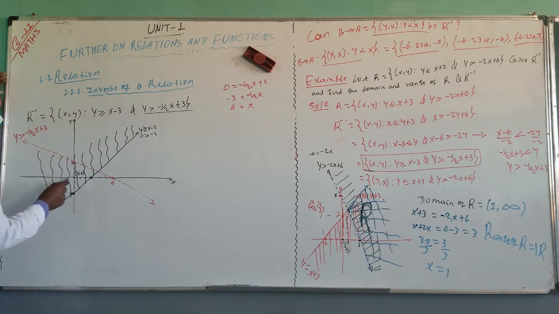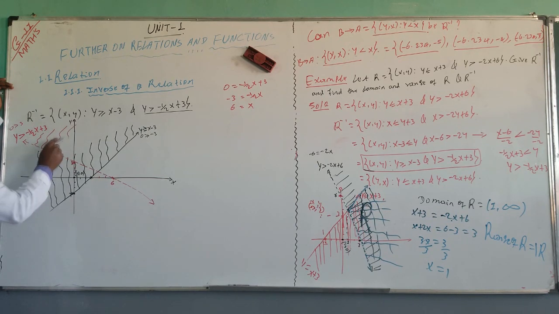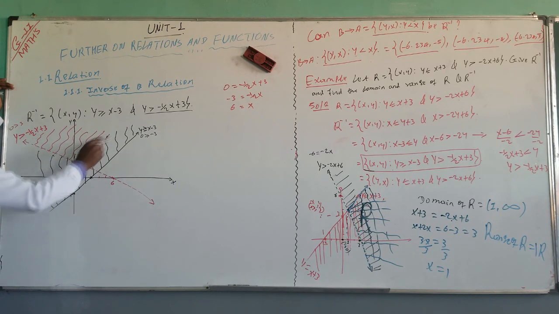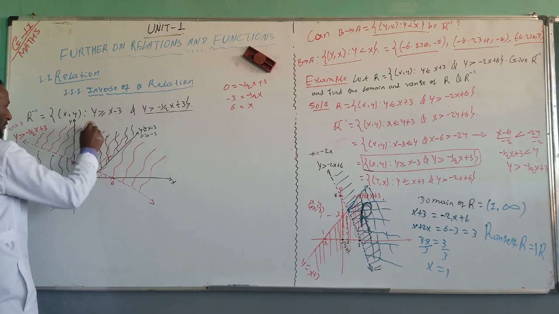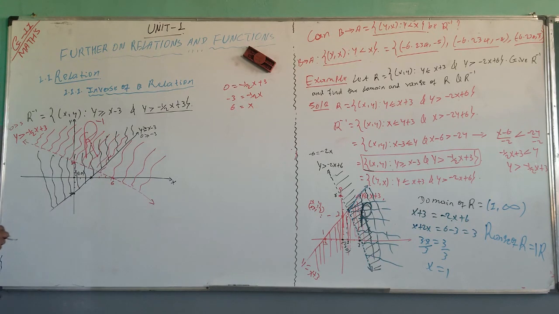Let us take the test point at the origin, 0, 0: 0 greater than 3 is not true. Therefore, we shade the region above this broken line. Then our intersection is here. Therefore, this is R inverse.